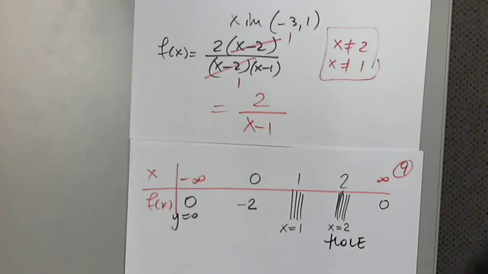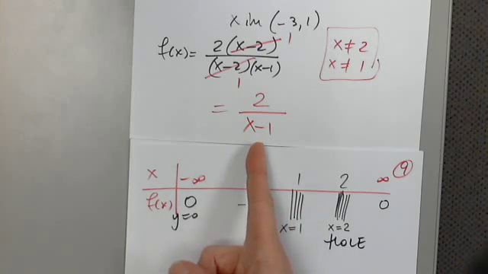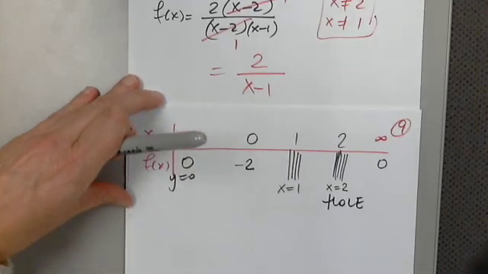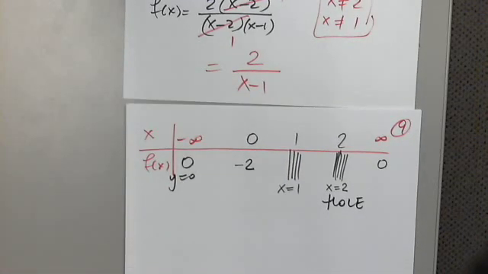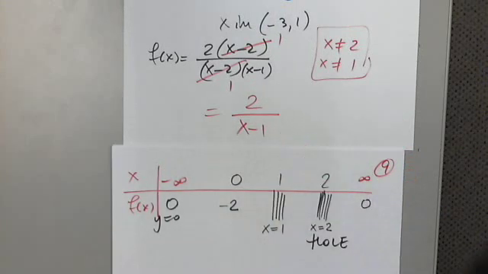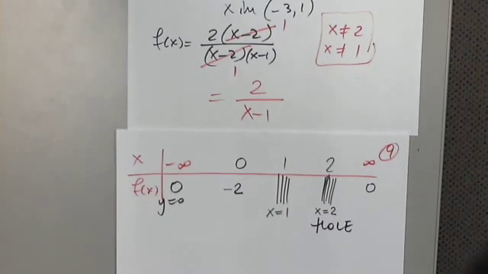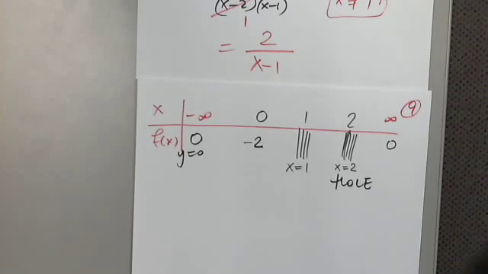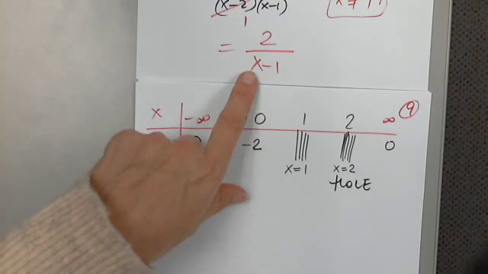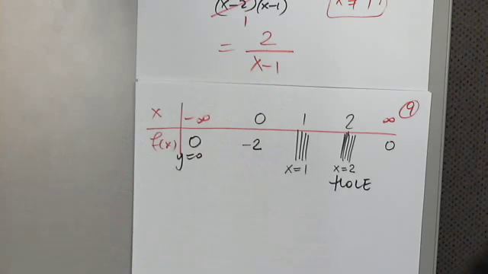If the factor went away, there is a hole in the graph. Now, if the factor stayed in there, what happens there? No. The turns and crosses are only for the x-intercepts. This is not an x-intercept. This is a point where the function doesn't exist. So what happens when a rational function is undefined at x equals 1 and the factor is still there?